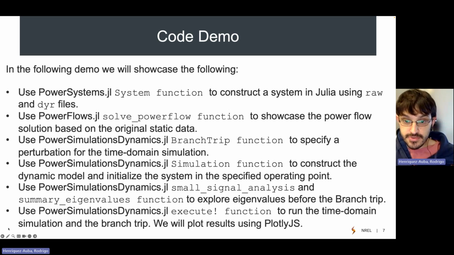Also use the PowerSimulationsDynamics Simulation function to construct a dynamic model and initialize the system in the specified operating point that comes from the original data. And we will perform a small signal analysis and a summary of the eigenvalues to explore this small signal result before the branch trip. And finally, we will run, using the execute function, a time domain simulation, and plot some of the results using PlotlyJS.